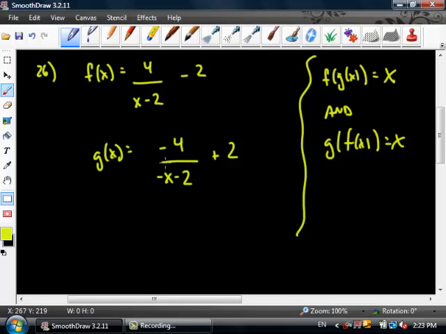Now, before we do that, I'm going to simplify g of x a little bit. See how there's a negative up top and a negative on bottom? What I'm going to do is factor the negative out of the bottom. So this is really negative 1 times x plus 2.